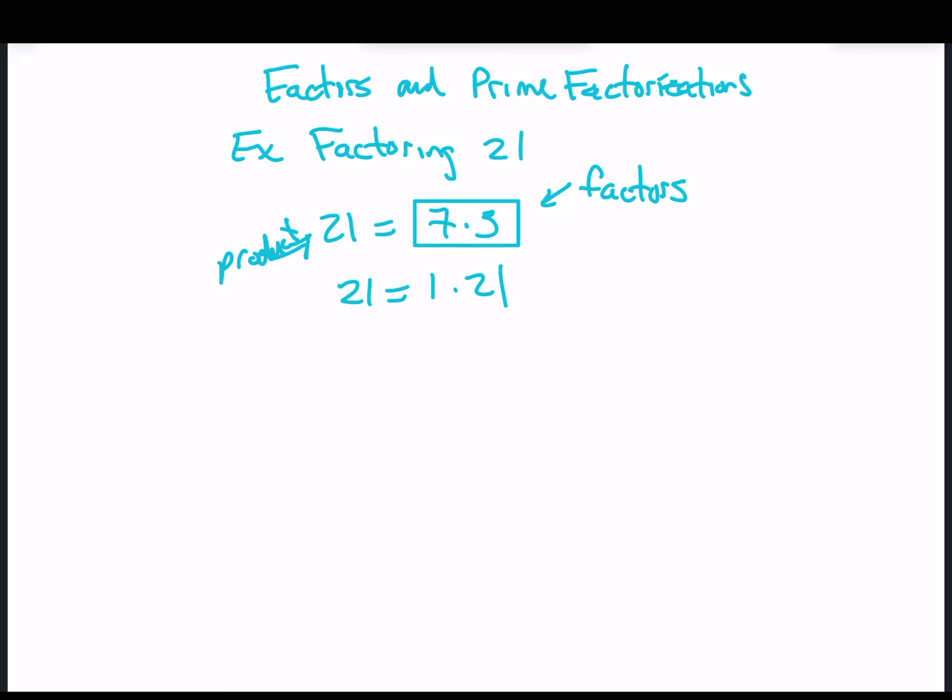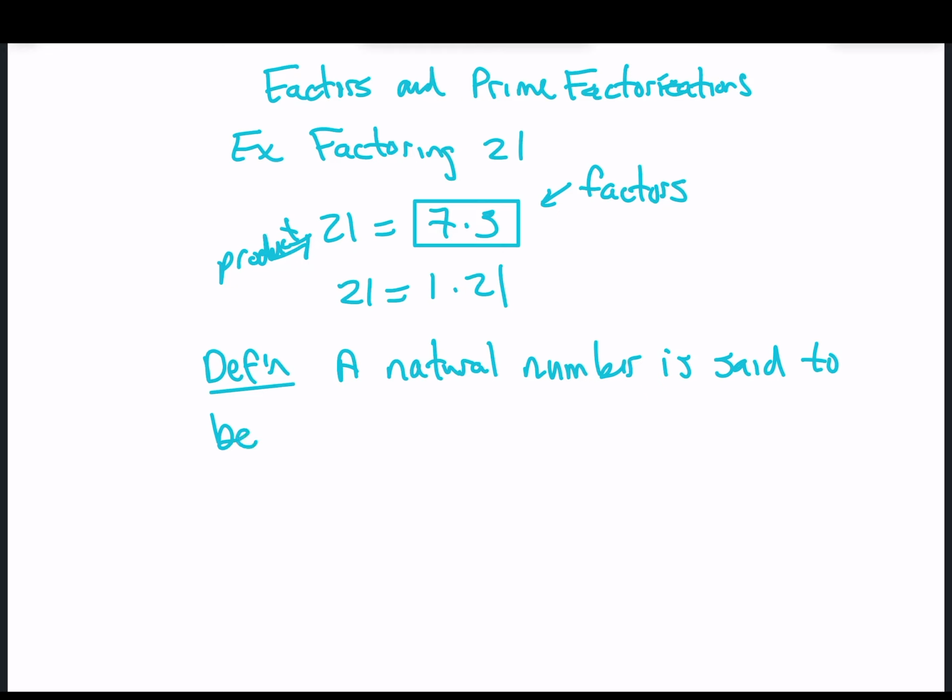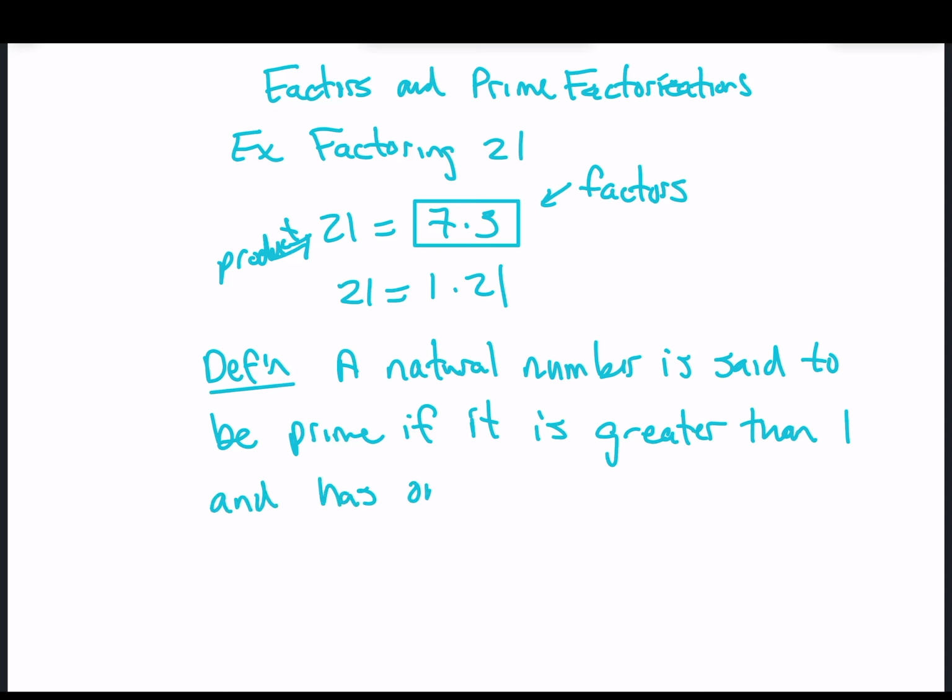Well, let's talk about definitions. First definition we need to talk about here is that a natural number is said to be prime if it is greater than 1 and has only itself and 1 as factors.